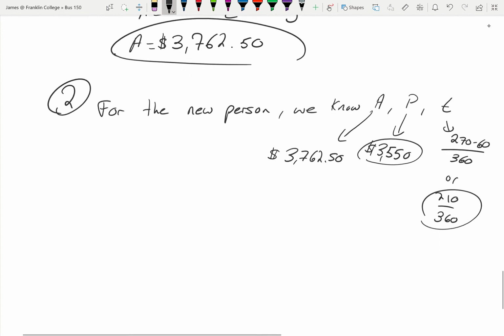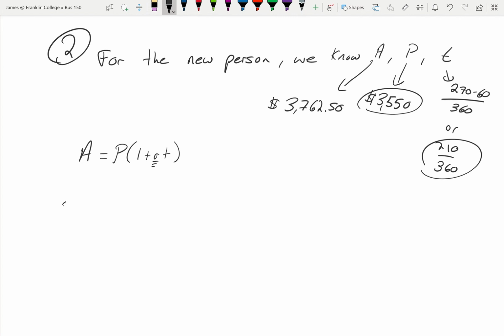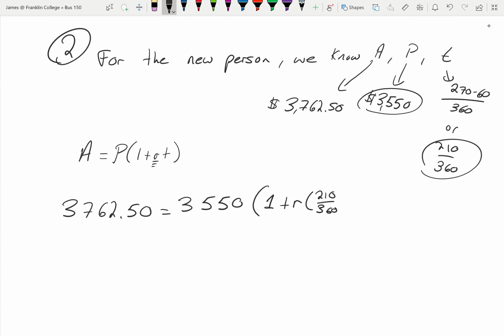So now we can just plug that back into the equation that we'd be using. We are going to plug that into the A equals P times (1 plus RT) equation, where we want to solve for R. So we're going to have $3,762.50 equals $3,550 times 1 plus R times 210 divided by 360.